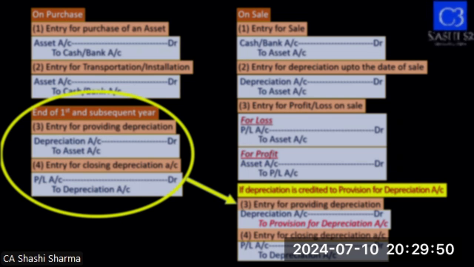So these are the few entries that are involved in our depreciation accounting, in our chapter relating to depreciation. So now we will practically see how these entries and ledger accounts are prepared by taking a question.